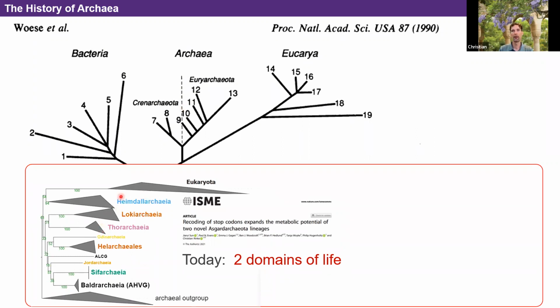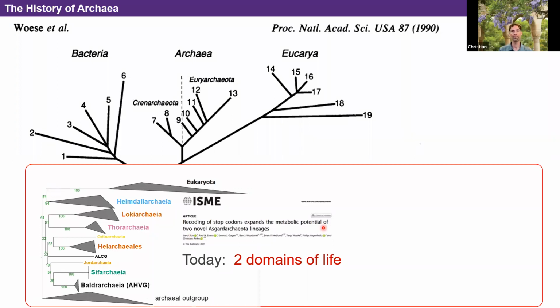You can see here, those are all the Asgardarchaeota, right? And within those Asgardarchaeota, there is a lineage, and that is the eukaryotes, right? So all the eukaryotes are actually within the Asgardarchaeota, and in most cases, they are sister to the Heimdallarchaeia. So in that case, the eukaryotes, based on this classification, are actually a class within the phylum Asgardarchaeota.